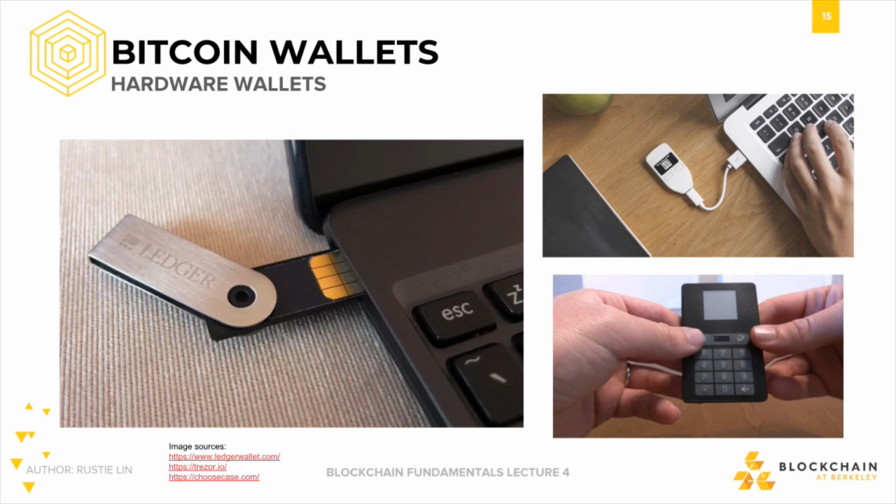But these devices never really connect to the internet. So they're completely offline. All they're used for is just managing keys, and it lets you sign transactions. And so these are pretty useful. They're very popular because of the level of security that you get with these hardware wallets.